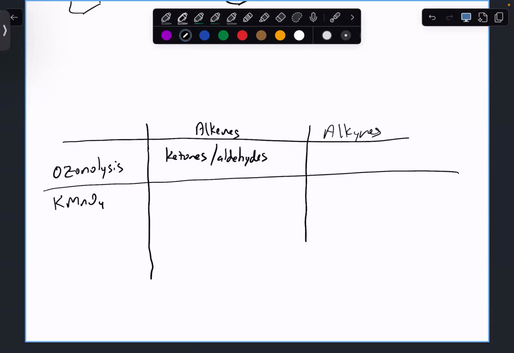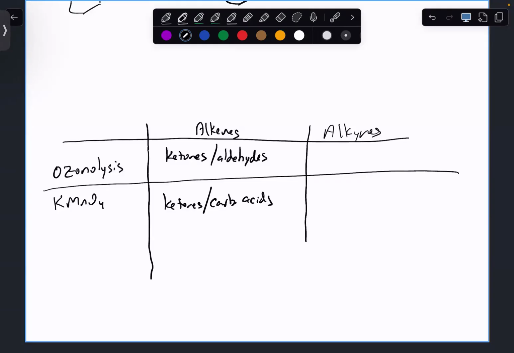With the more strongly oxidizing conditions, we isolated ketones, but we couldn't isolate aldehydes in these very strong oxidizing conditions because the aldehydes can oxidize further to give carboxylic acids. All right, so there was a difference. There's a difference in product mixture depending on whether you use the milder ozonolysis or the more strong permanganate oxidation.